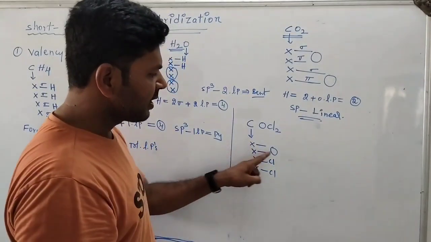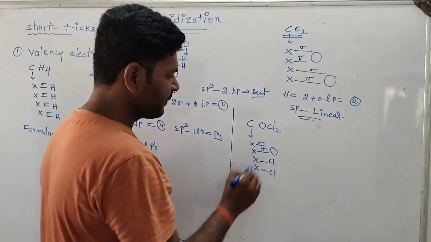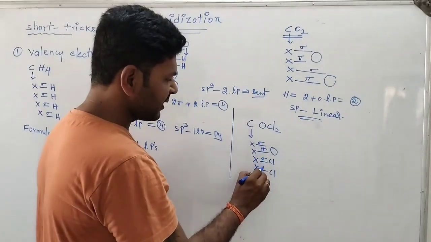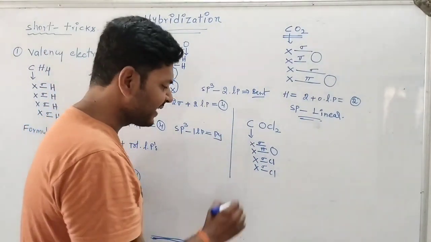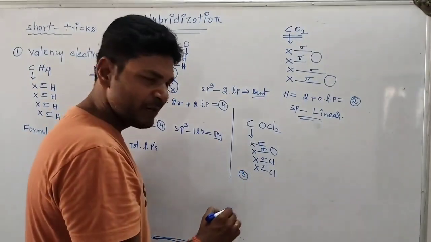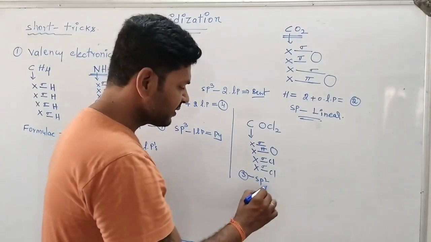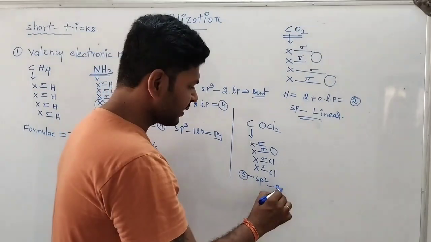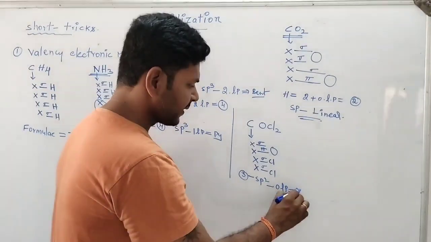So here between oxygen and carbon, one is sigma, one is pi bond, and the remaining two bonds are sigma bonds. So the total number of sigma bonds is 3. 3 means what? sp2 hybridization with 0 lone pair of electrons. So the respective geometry is planar.